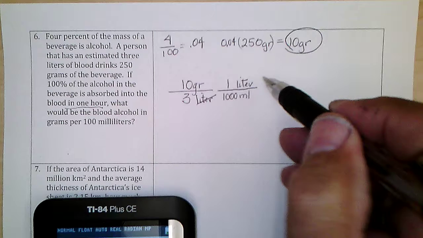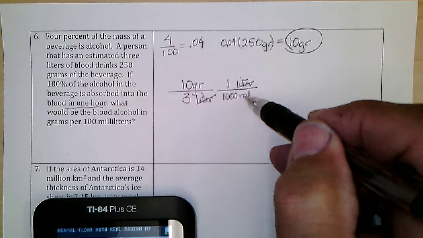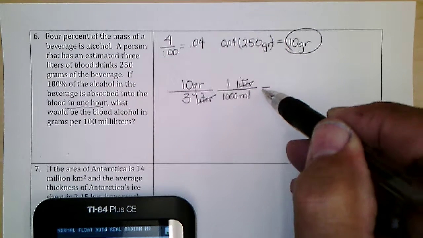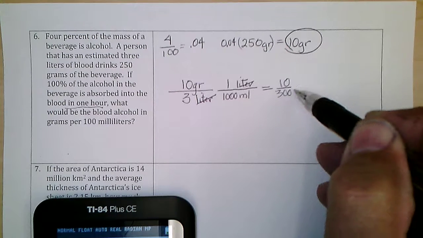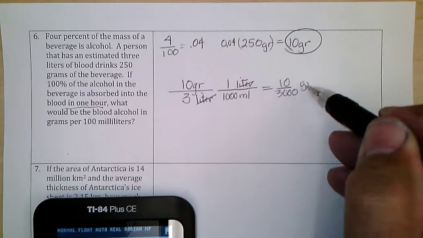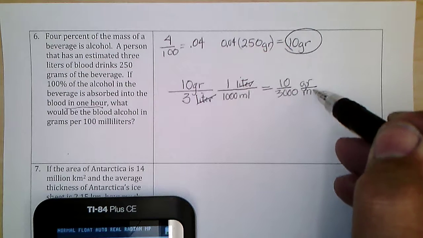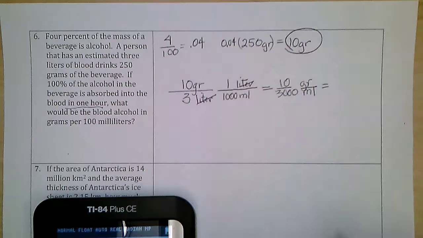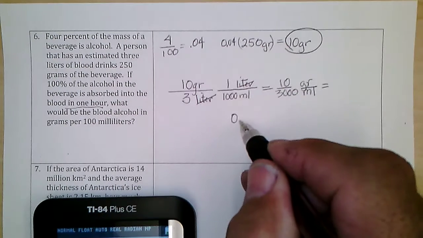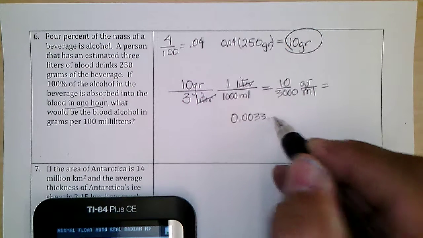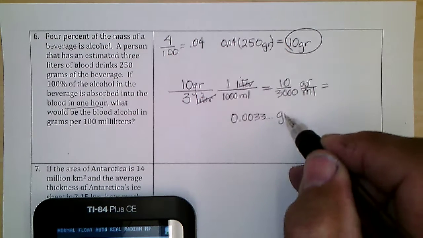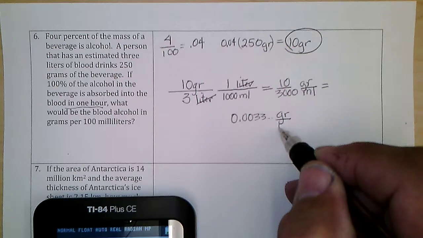So now we'd have grams per milliliter, and that turns out to be 10 divided by 3,000, which is 0.0033 repeating grams per milliliter.